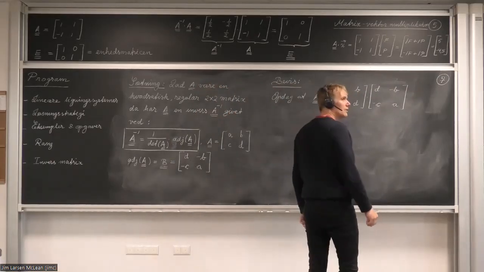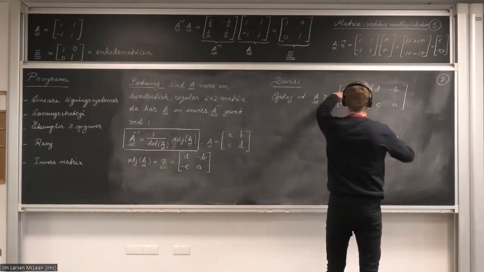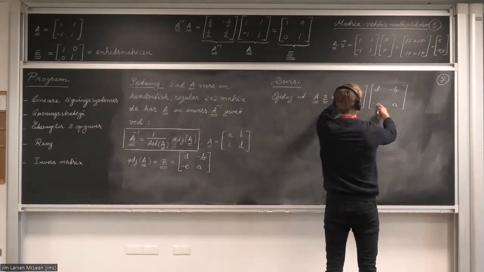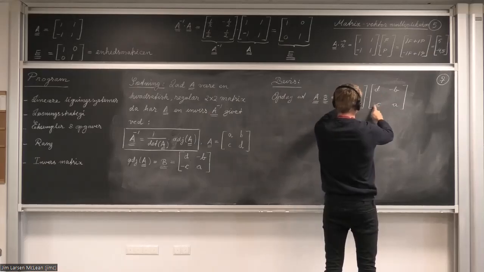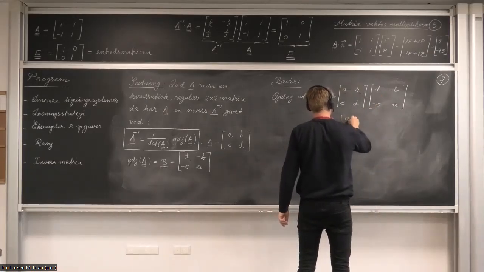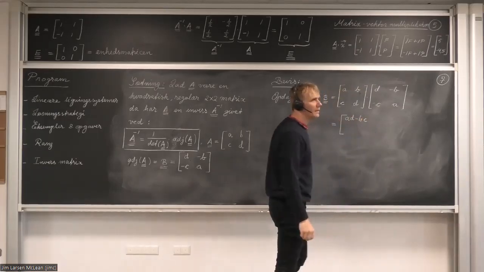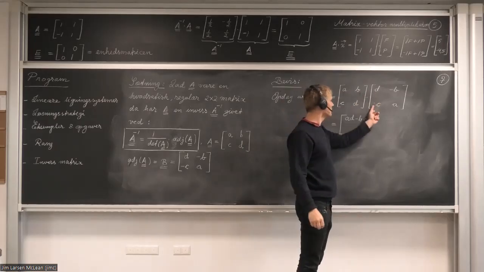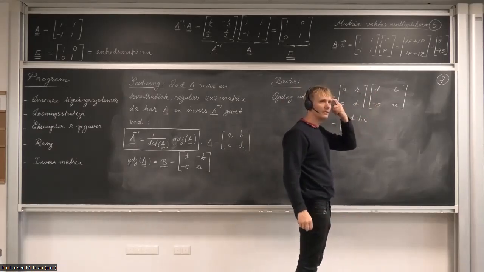We have to do it with one hand going across and the other going down, right? So it becomes AD minus BC, because there's a minus there. You have to say this times that plus this times that. So AD minus BC. That's what I get when I use the first row and the first column.